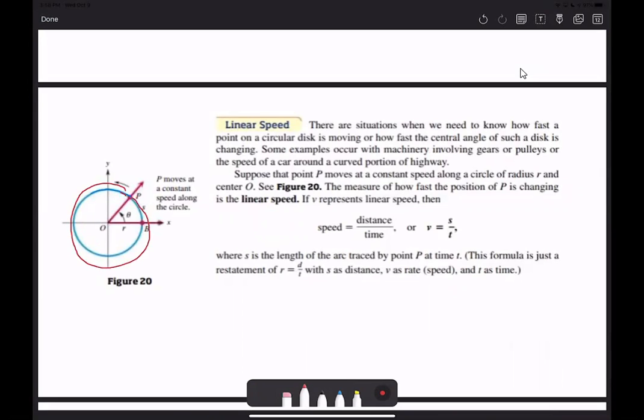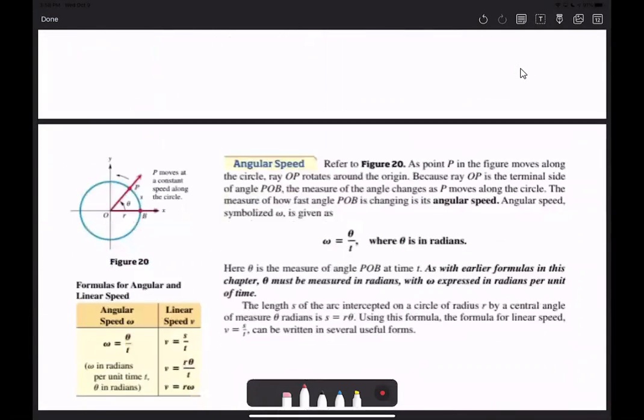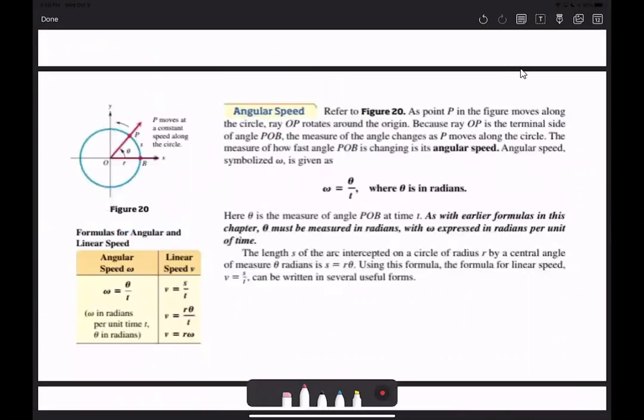And we can find that using this formula, which is velocity equals s over t, where s, remember, is the arc length from 3.2 and t is time. We can also find the angular speed, which is how fast the angle is changing around the circle.